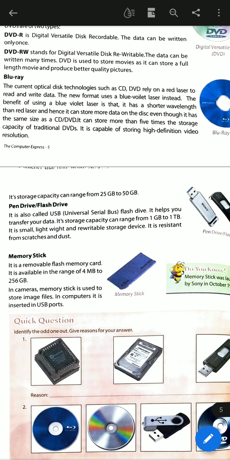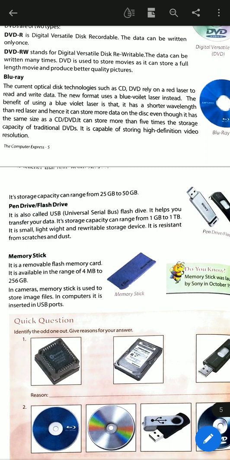You can store data again and again on the same pen drive because it is rewritable. You can delete the old data and store the new data. It is resistant to scratches and dust.